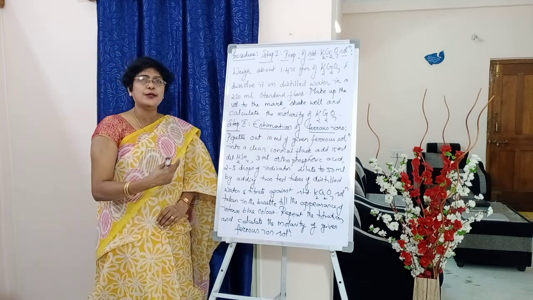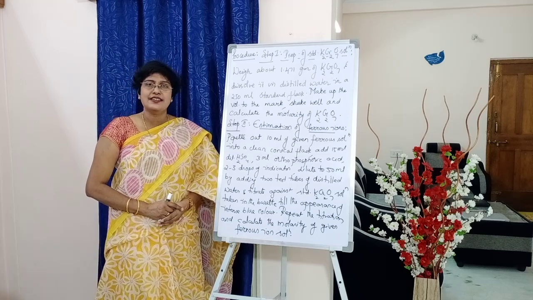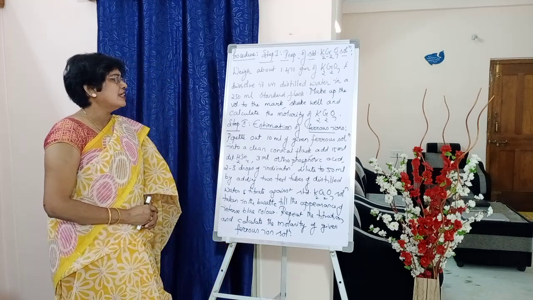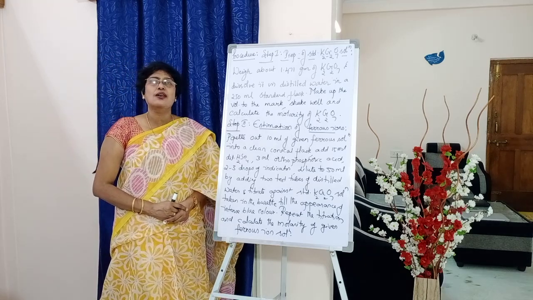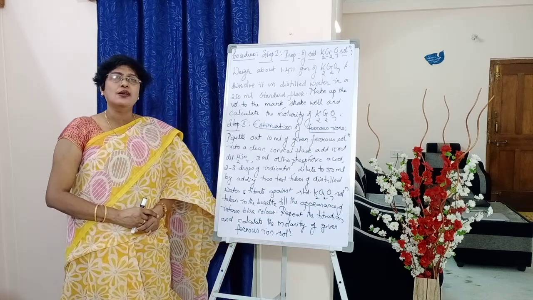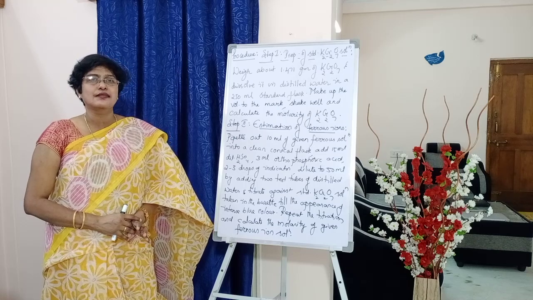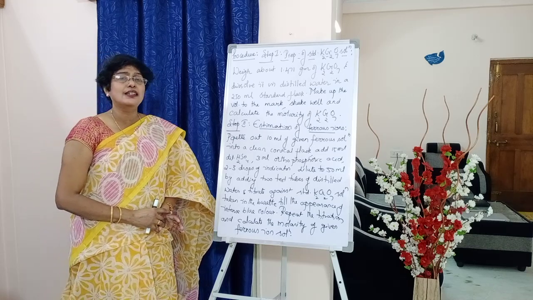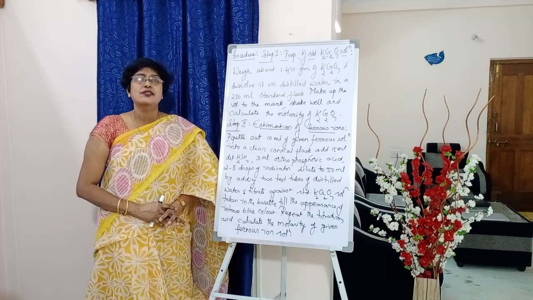Next, first we'll write the procedure and then we will note down the tables, that is observations and calculations. Second step is estimation of Fe+2 ions, or you can write estimation of ferrous ions. Here you will be given the unknown Fe+2 ion solution.